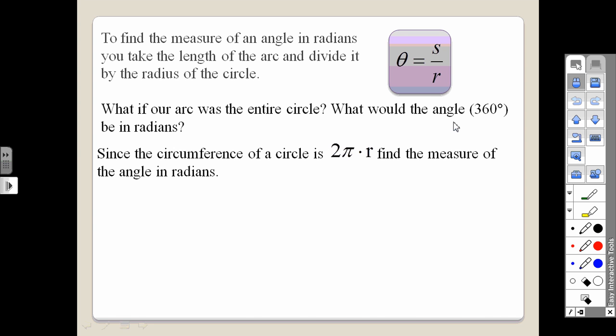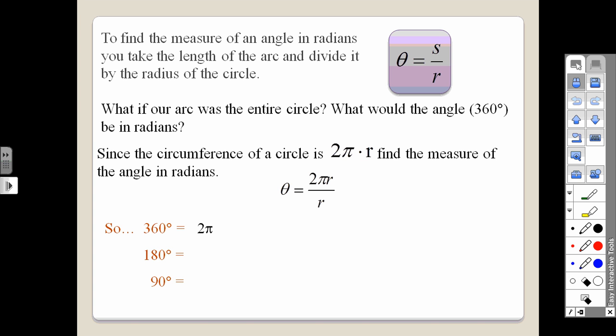So we have theta equals 2 pi r divided by r. Well, the 2 r's are going to cancel out, and we're just left with theta is equal to 2 pi. So what that means is 360 degrees is equivalent to 2 pi radians.